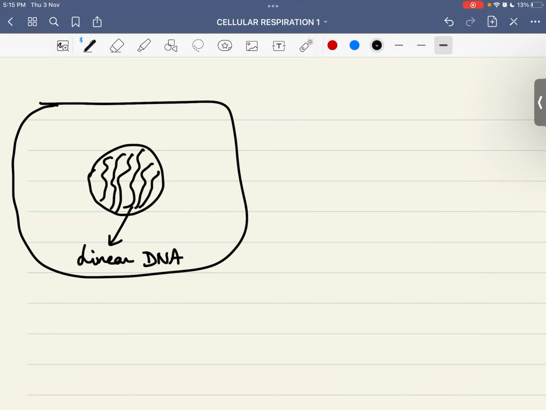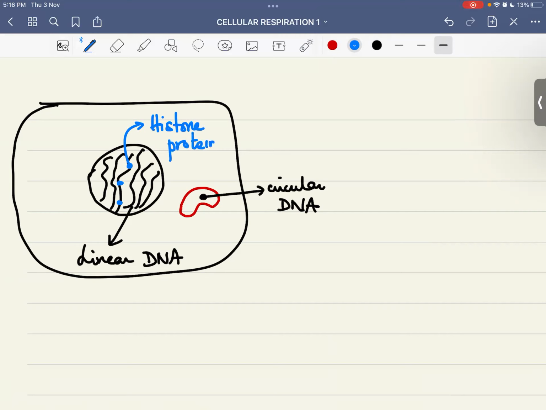Now inside us we have organelles like mitochondrion, and just now I said mitochondrion has its own circular DNA. तो इसका मतलब ये है कि ये जो लीनियर डीएनए होता है, it has proteins known as histone proteins attached on it. कुछ याद है histone proteins क्या थी?